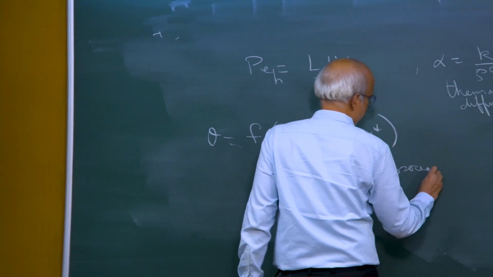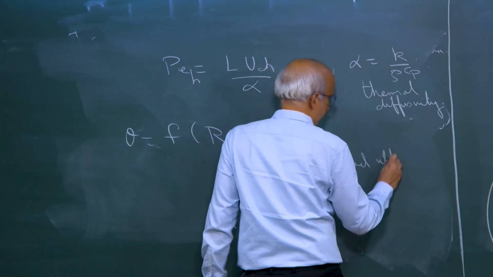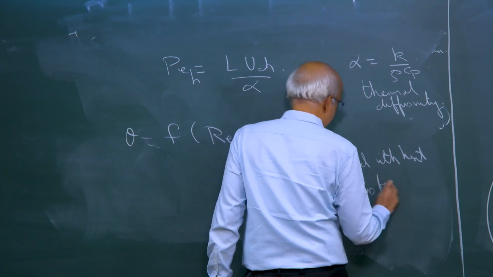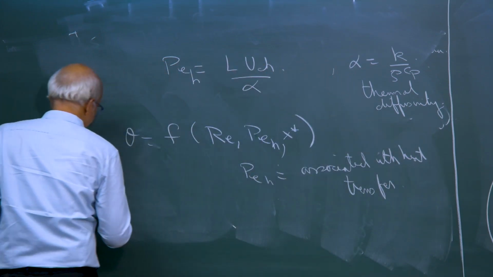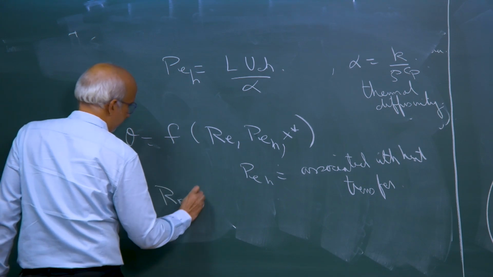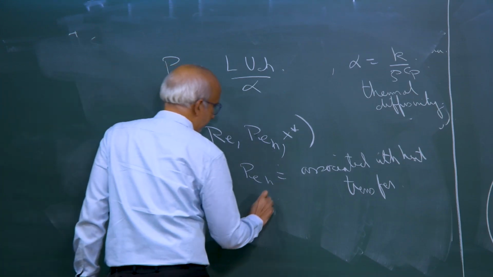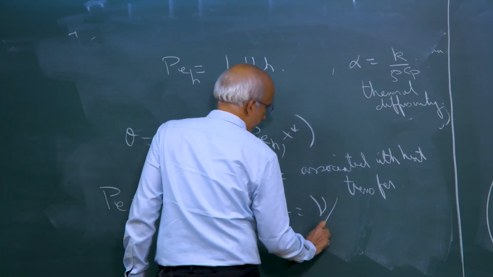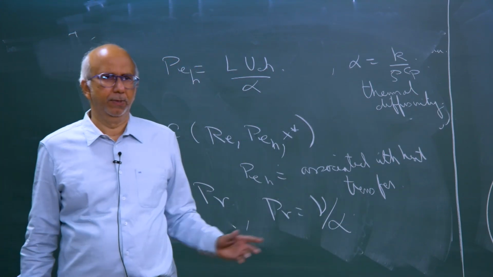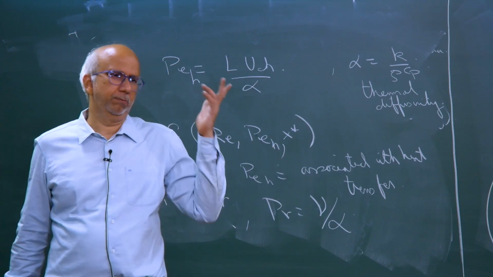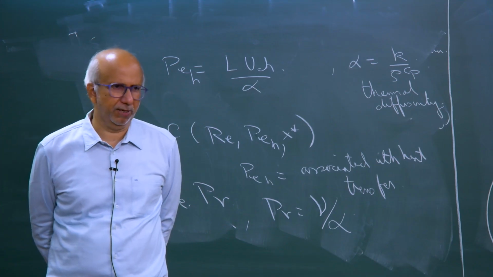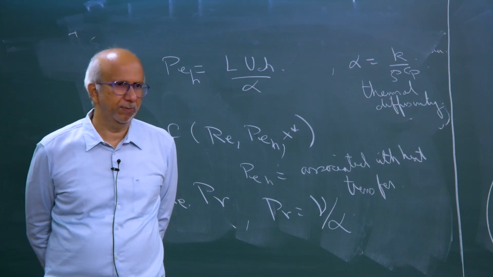Associated with heat transfer. And what I can also do is rewrite Peclet number as Reynolds number multiplied by Prandtl number, where Prandtl number is nu divided by alpha, the ratio of the kinematic viscosity and the thermal diffusivity.